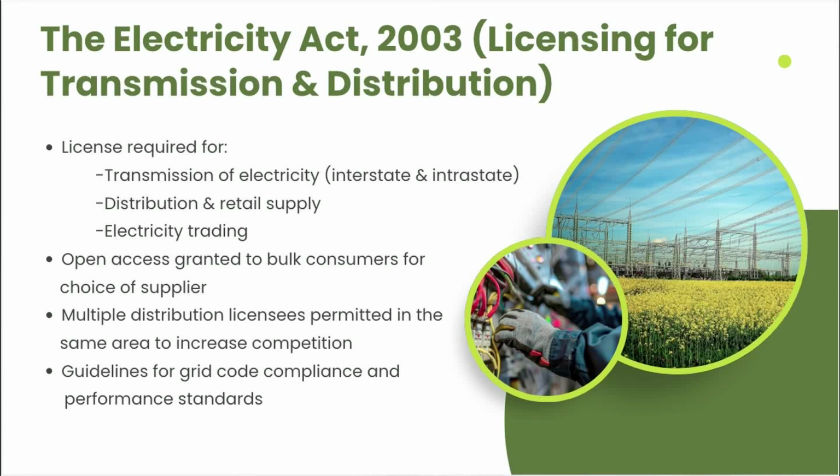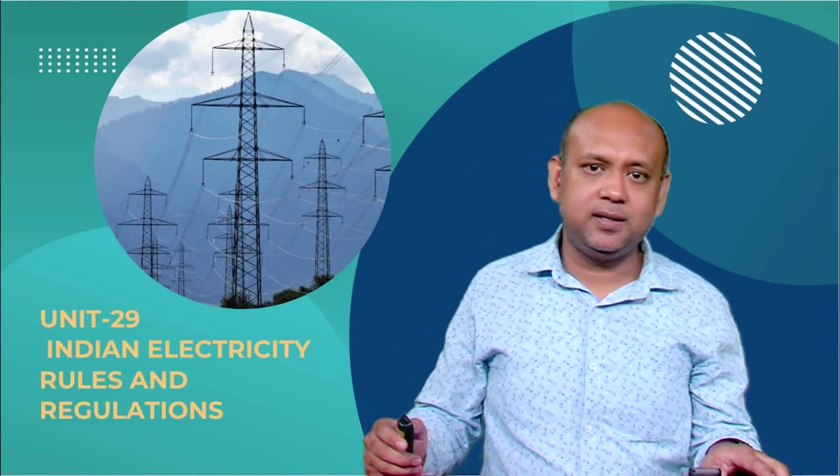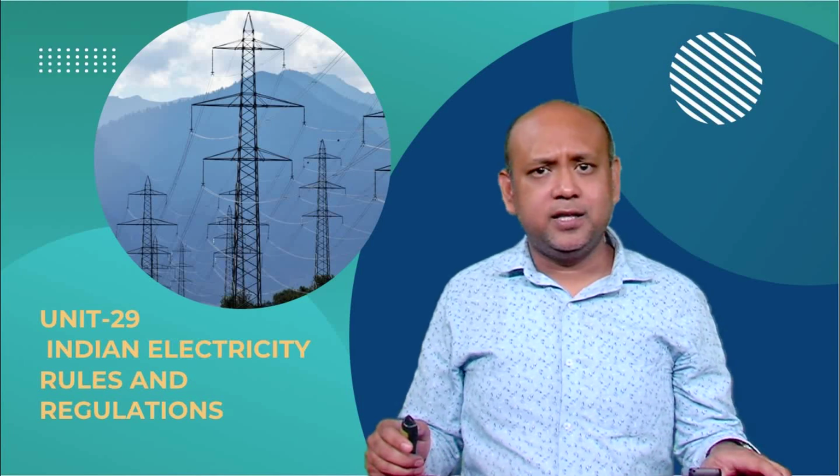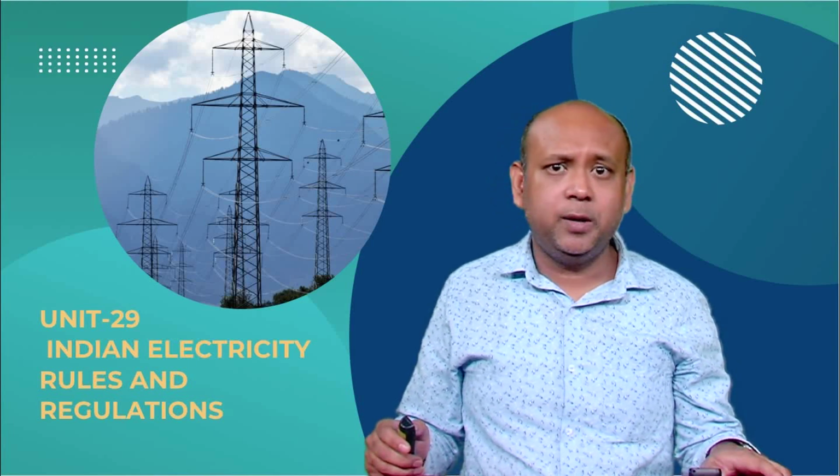Distribution and retail supply, electricity trading, open access is granted to bulk consumers so they can choose their electricity suppliers instead of being tied to a single provider. Multiple distribution licenses can operate in the same area. This promotes competition and better service. All licenses must follow regulations. You see, transmission is a vital part of the power system.